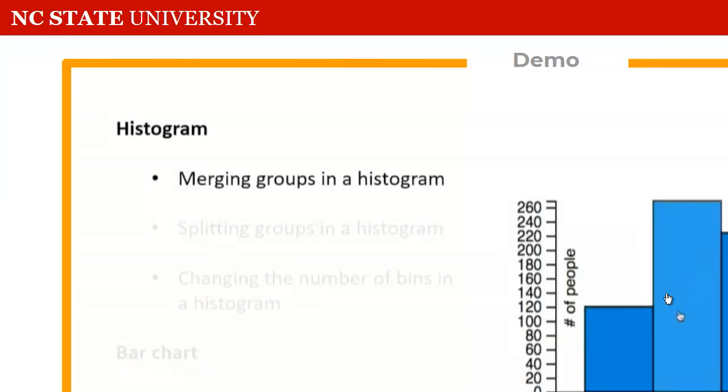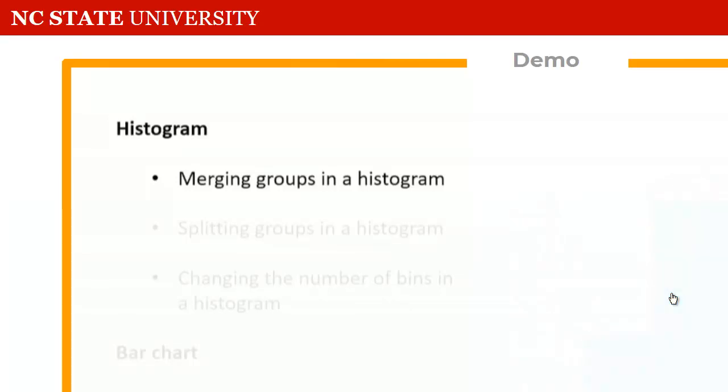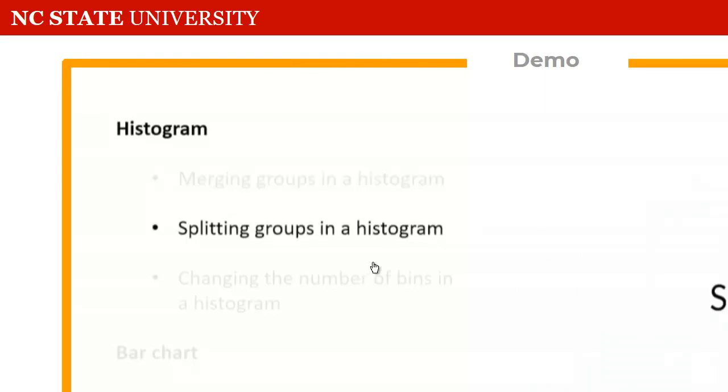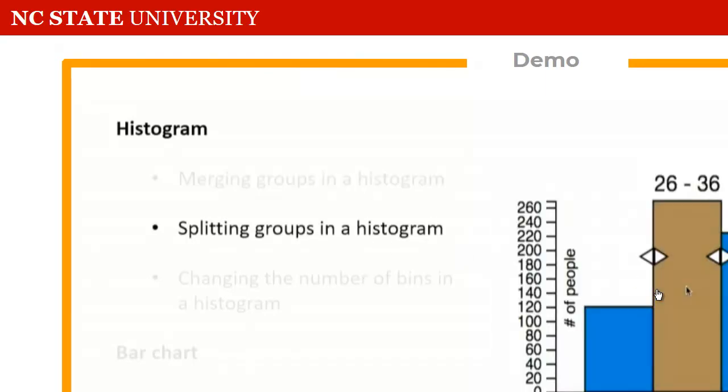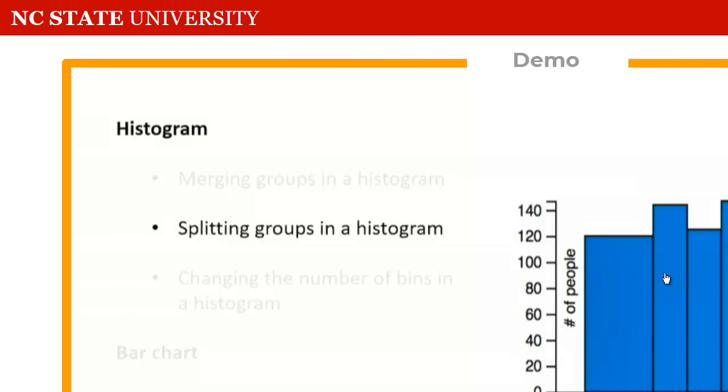For histograms, if you want to merge, you can just select one interval and then drag it to merge it with the right one or the left one. And if you want to split the groups, you can simply select the interval and drag it to the right or to the left, and you can split it into two groups here.